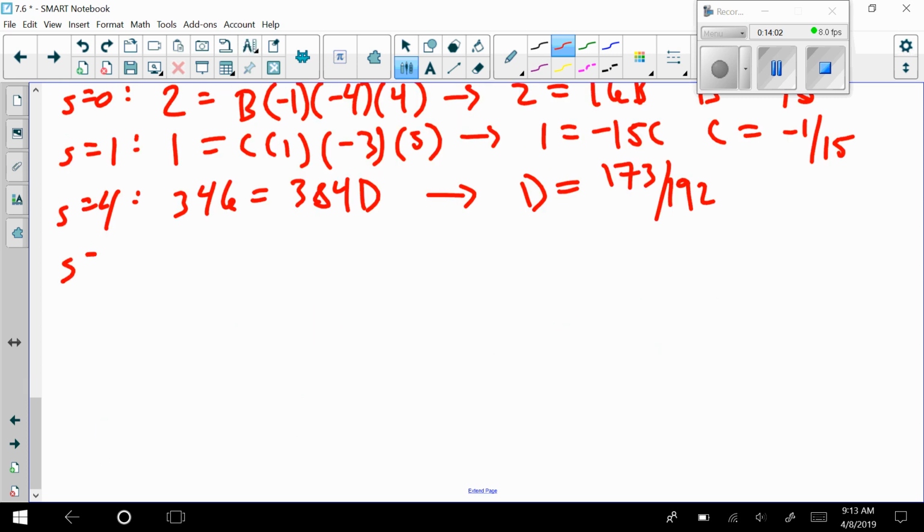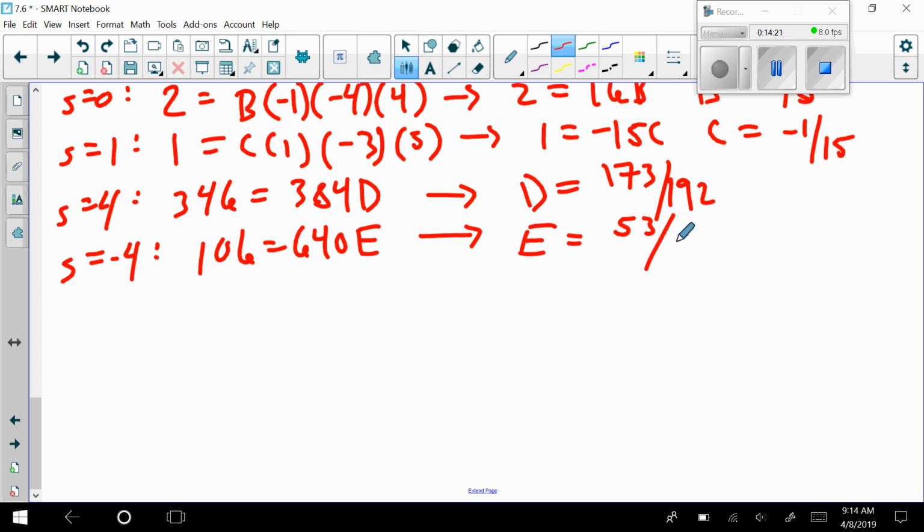And s equals negative 4 would yield that 106 equals 640E, which then implies that E is equal to 53/320.